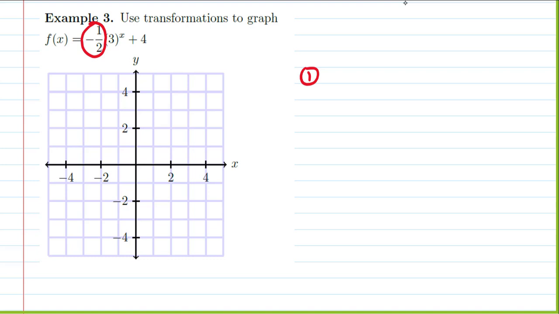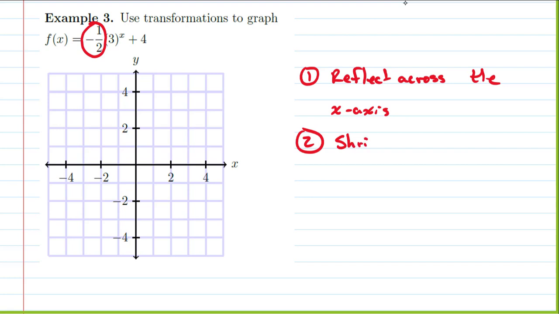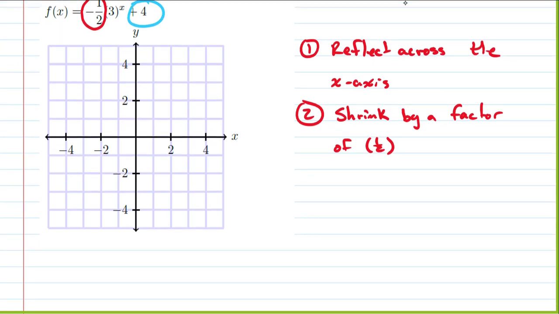So 1, since it's negative, it's going to reflect across the x-axis. 2, since it's 1/2 in magnitude, it's going to shrink by a factor of 1/2. Plus 4 on the outside is going to shift up 4 units.